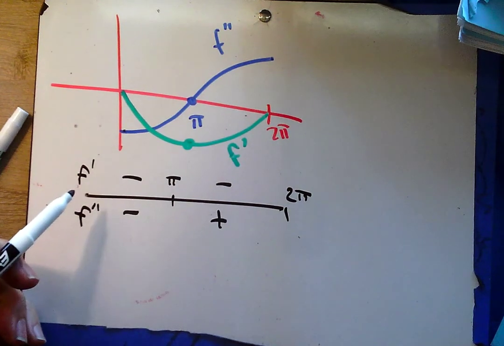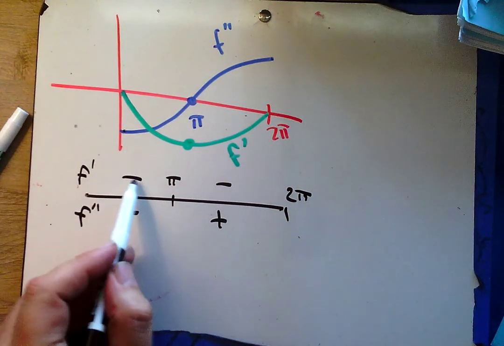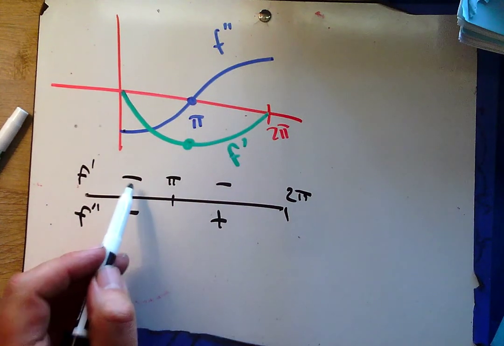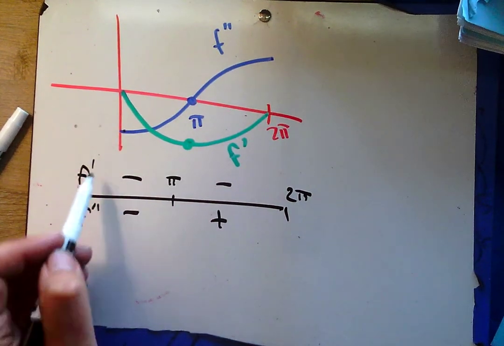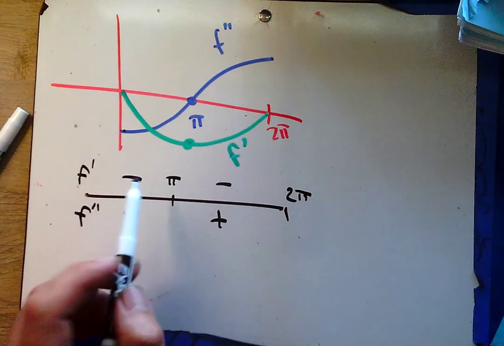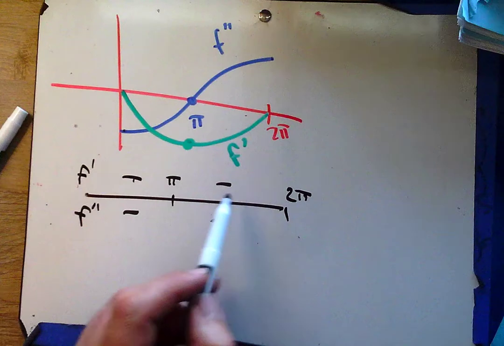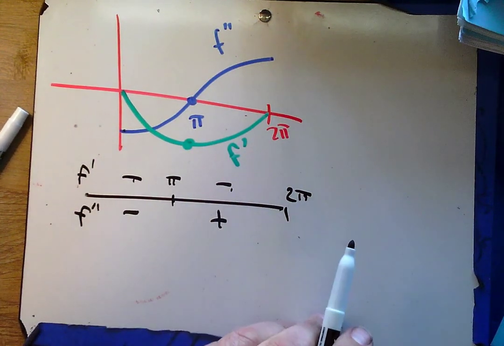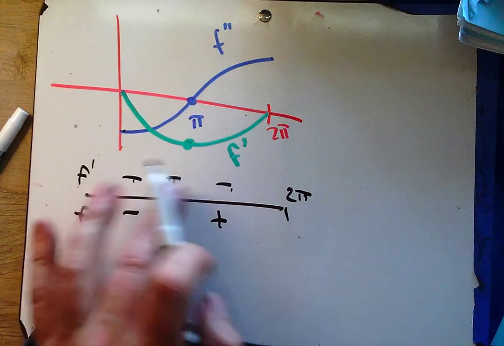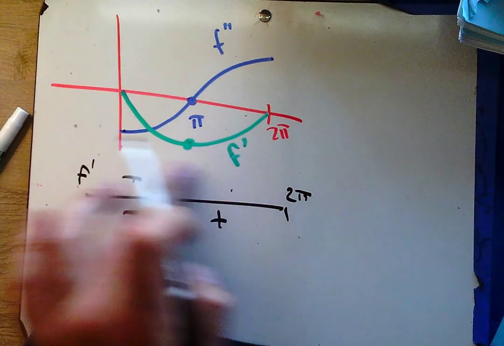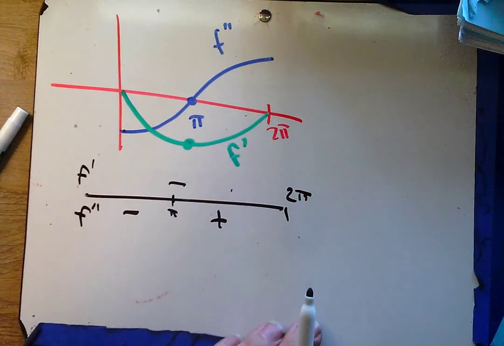So what do I see? Well, I don't see a sign change on f prime. And that means there's no min or max that I'm going to be thinking about on f. I just see decreasing, zero slope, decreasing. Is it? No, not zero. Still negative. I better put the pi there. So all of this is just negative.